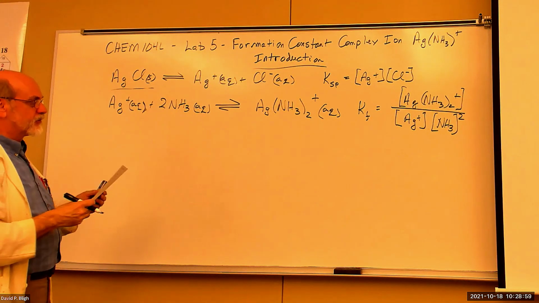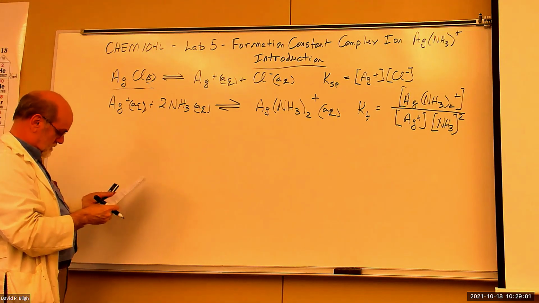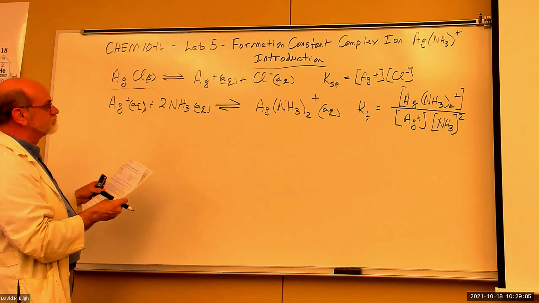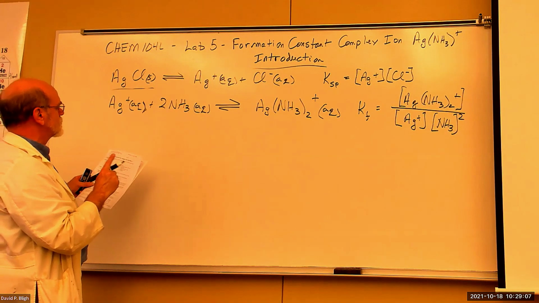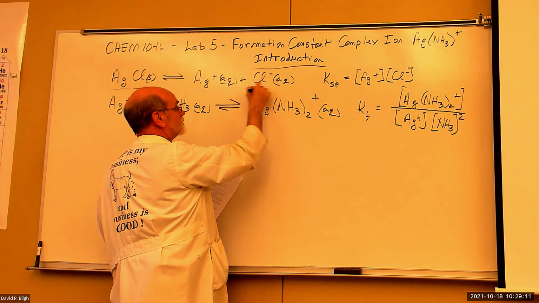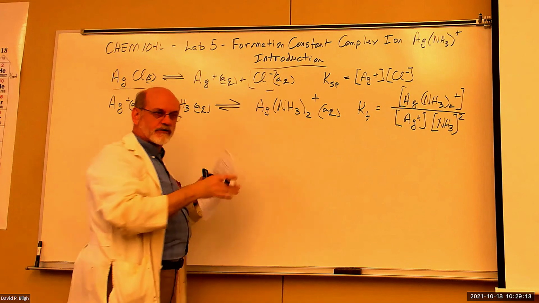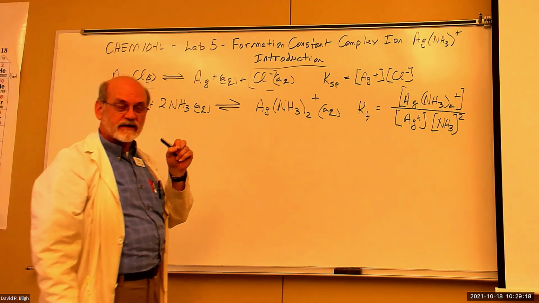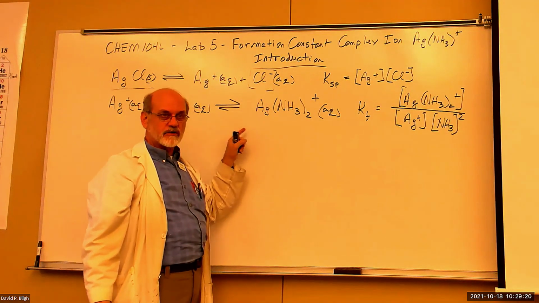Once we get that information, we will have this concentration here, because we're delivering a known concentration of potassium chloride into our reaction mixture.